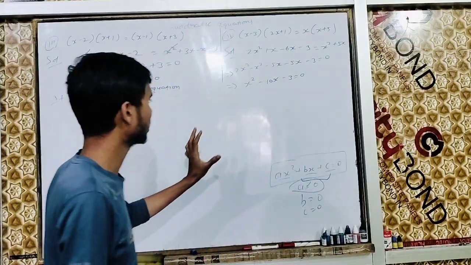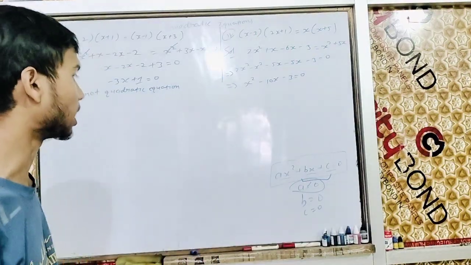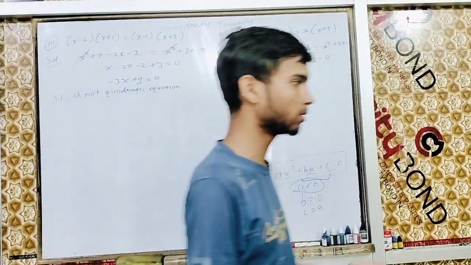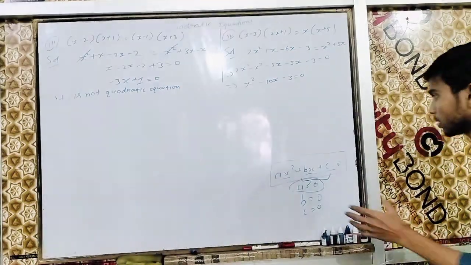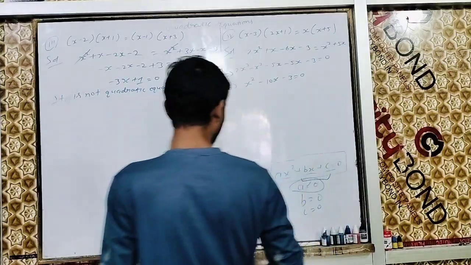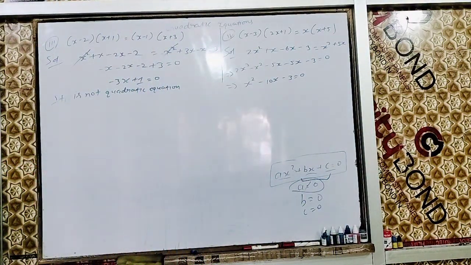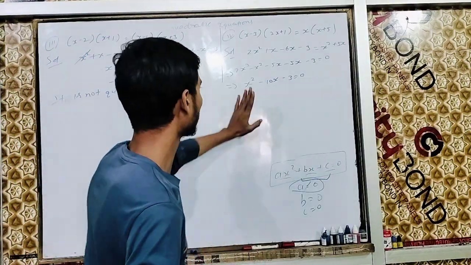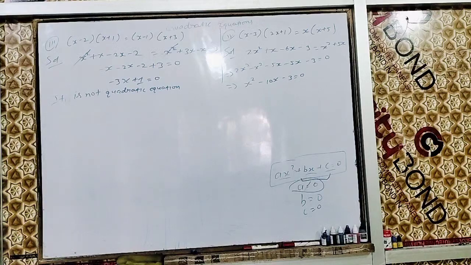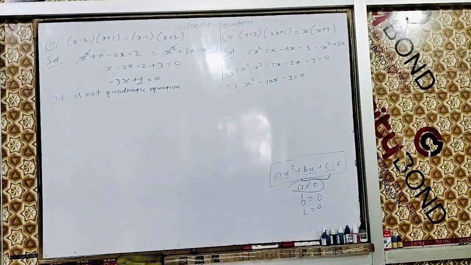A is 1 and B is minus 10 and C is minus 3. Yeah, operators can be positive, operators can be negative. It doesn't matter. These variables and numbers, coefficient numbers and constant number will matter more. So finally it is coming in this form. That's why we can say this is a quadratic equation. Okay. Now let me take next question.